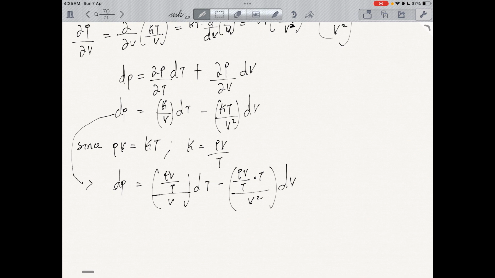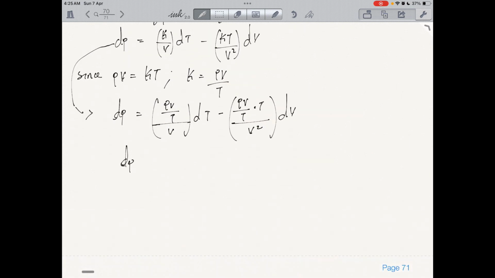In conclusion, our dP is equal to P over T dT minus P over V dV.